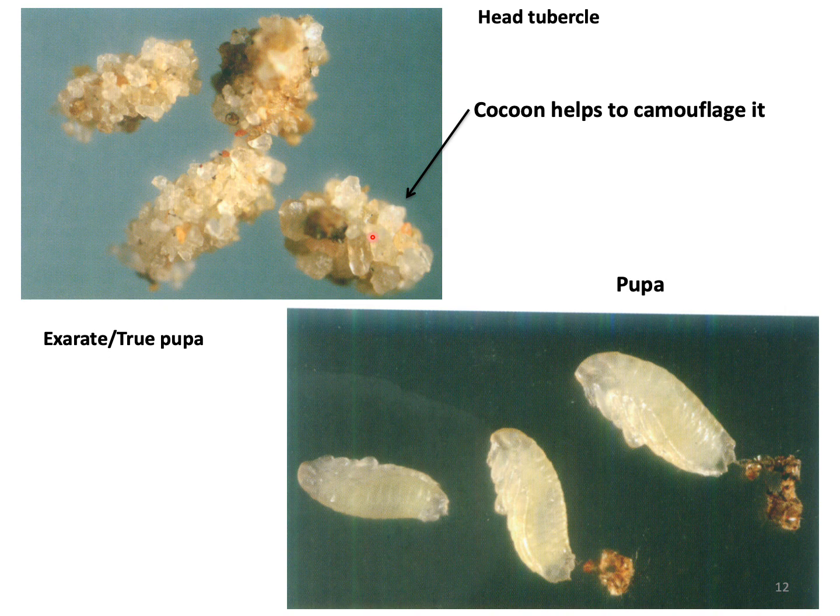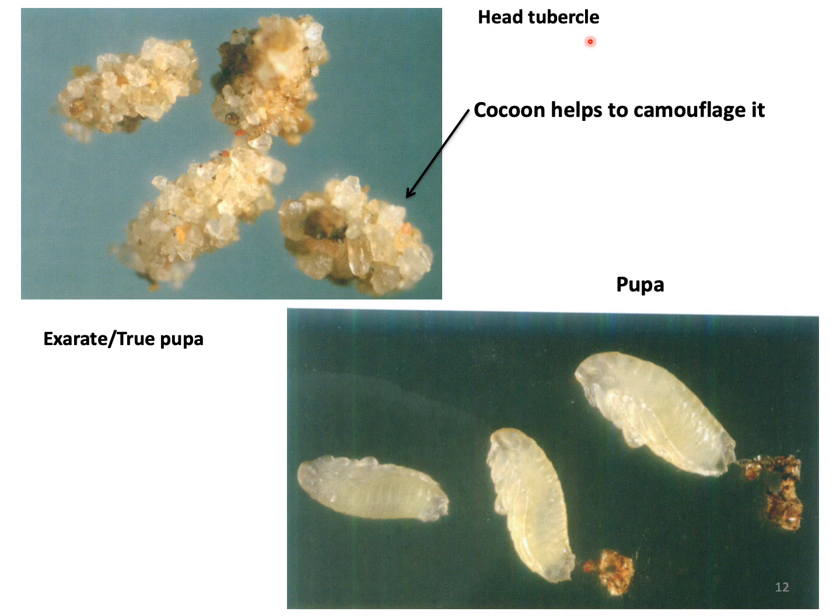The first one is pupa, they are very much susceptible to the desiccation. So the cocoon helps to get rid of the evaporation of moisture or water from the body, number one. Number two, it also helps to avoid the predators, because this cocoon helps to camouflage with the environment.